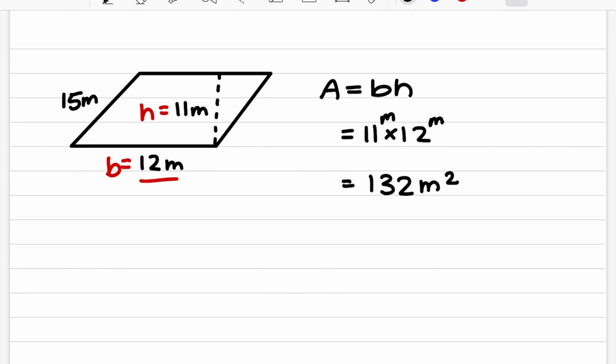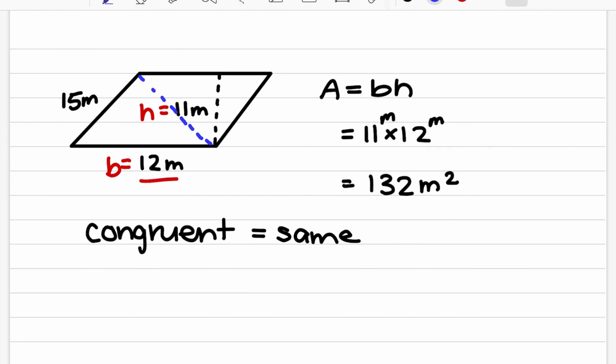But the question is asking if it's cut into two congruent triangles. So the key word here is congruent. That means same. So for example, if we cut this parallelogram in half this way, that would be two triangles that are the same. Essentially, each of them would have half the area of the total parallelogram.